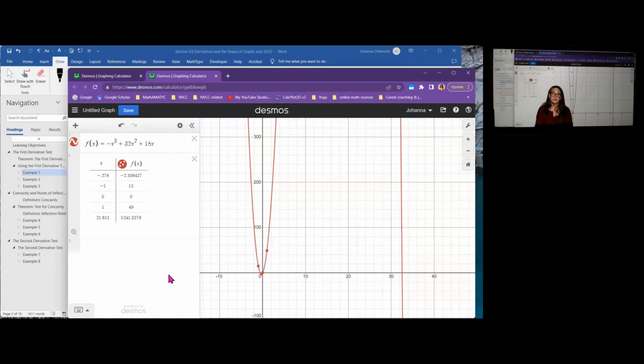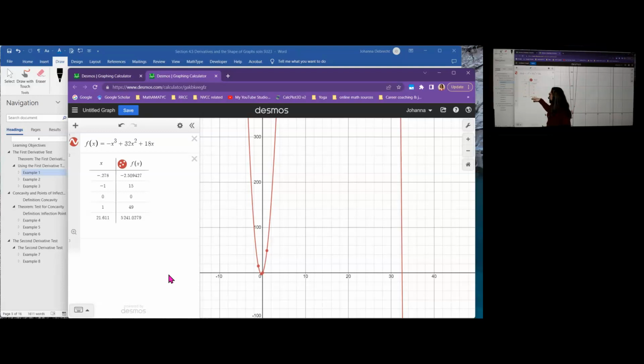It will give test points, usually between -2 and 2. In my case, I'm not interested in those points. I want to know what it is at the critical points. I entered an approximation for them, but you can enter the exact values using the normal notation for Desmos, your x coordinates.